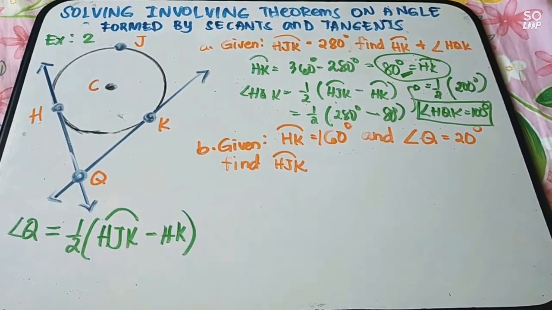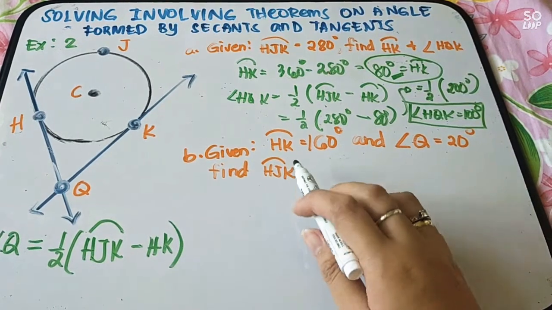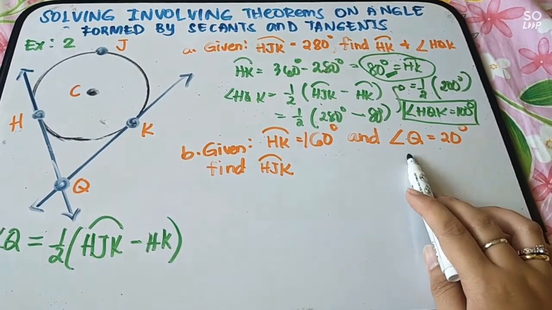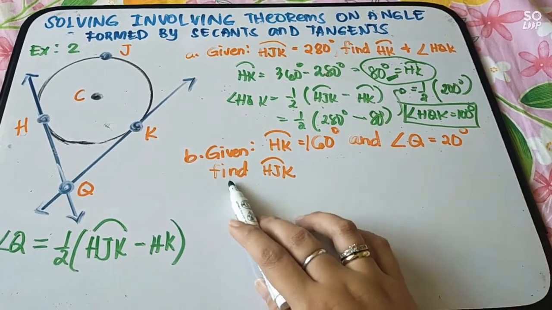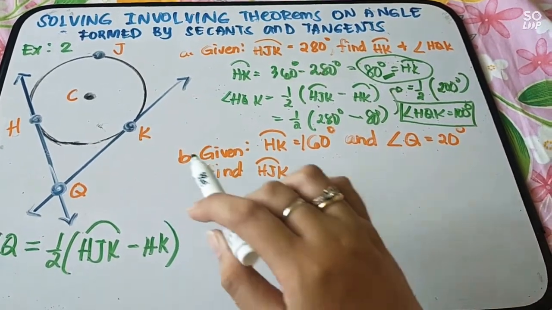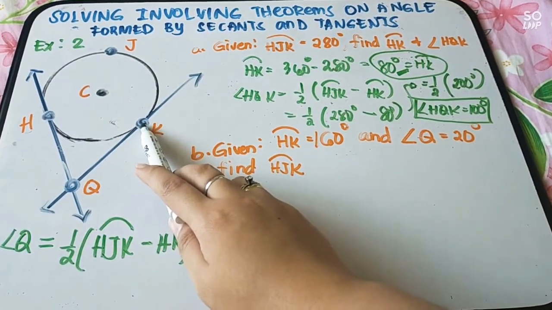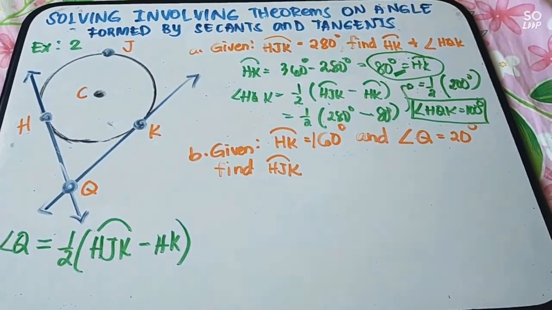Next tayo, we have letter B. Given arc HK is equal to 160 degrees and angle Q is equal to 20 degrees. We are going to find for HJK. So, may HK ka dito, which is 160. Then, we are going to find for HJK. Doon tayo sa simple muna.